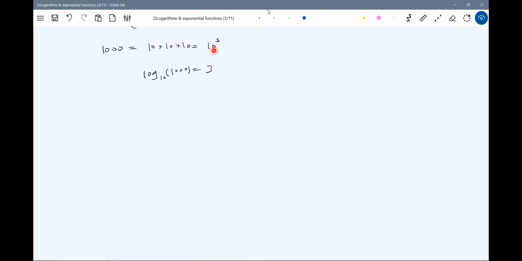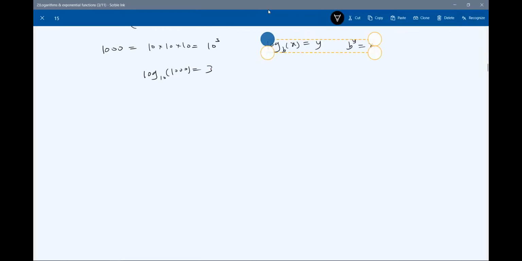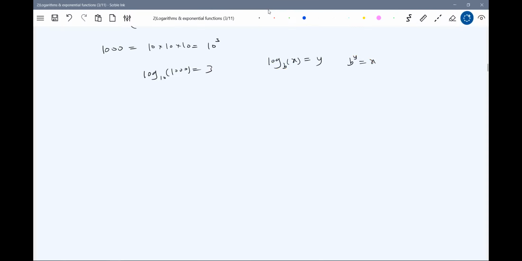So if I go for the basic log definition, this is called a logarithm. This is called an index. So this is interconvertible.